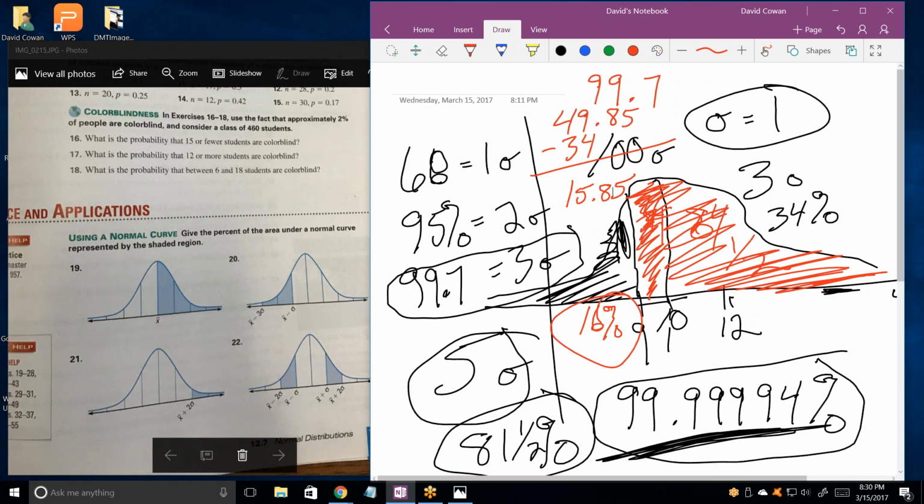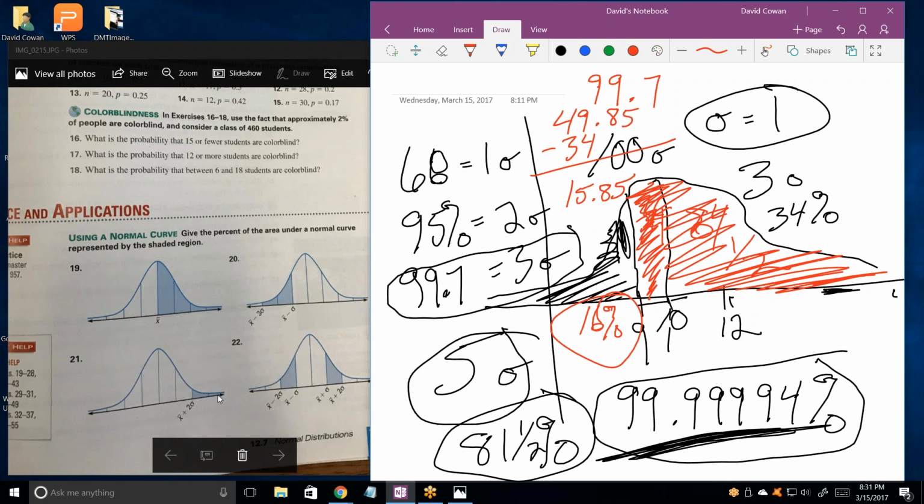21's a little different. Notice that that's 2 standard deviations away. So if I were wanting the area between this point and that point, it would be 95%, which leaves how much for the area over there and the area over here? 5%.